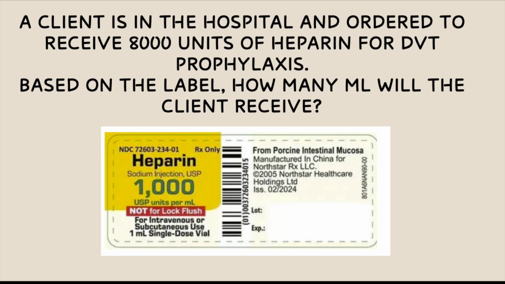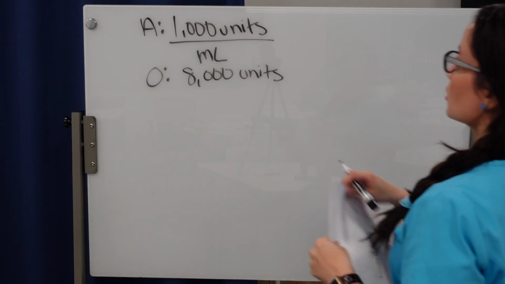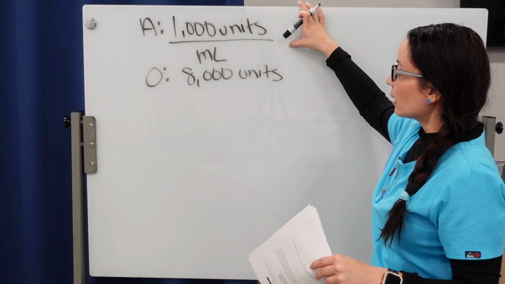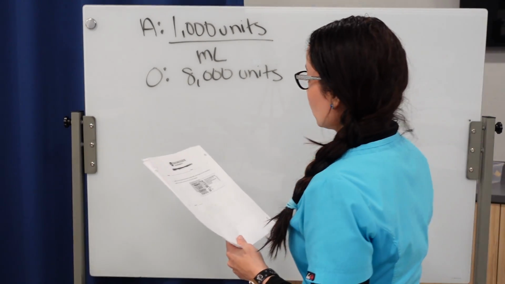The label says that there are 1,000 units per milliliter. What is the order? The order is 8,000. So available is 1,000 units, and the order is 8,000. So you set it up.